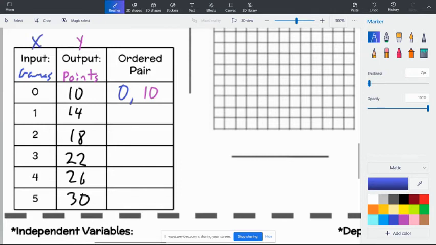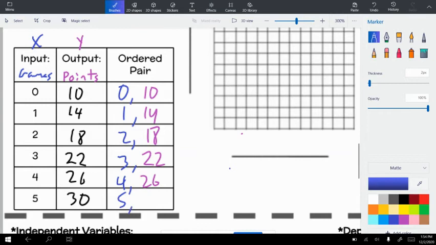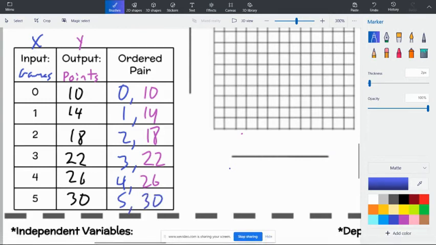Okay, x and y values. 0, 10. 1, 14. 2, 18. 3, 22. 4, 26, and 5, 30.